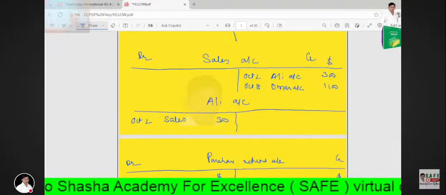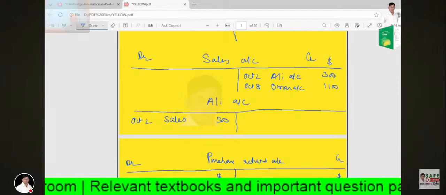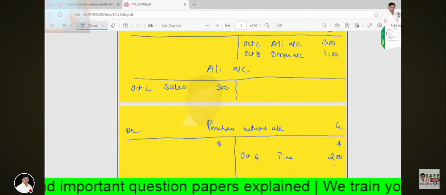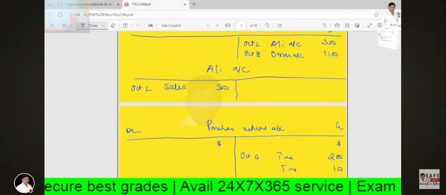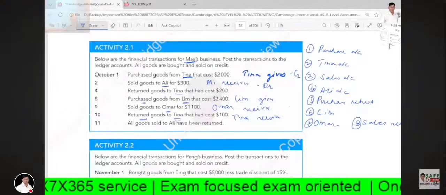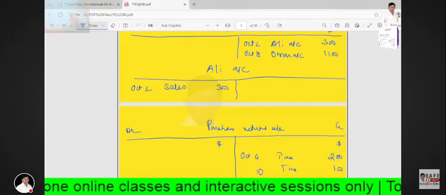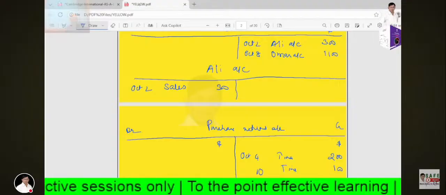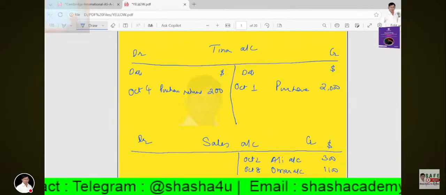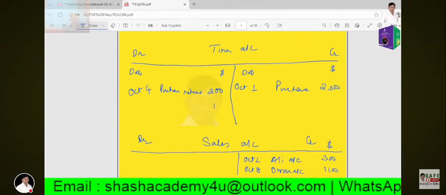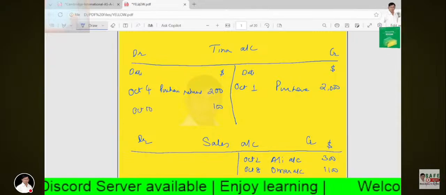Purchase returns Tina 100. Why have we debited purchase returns?